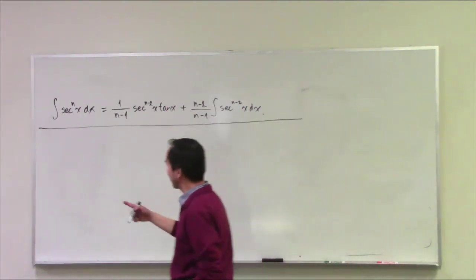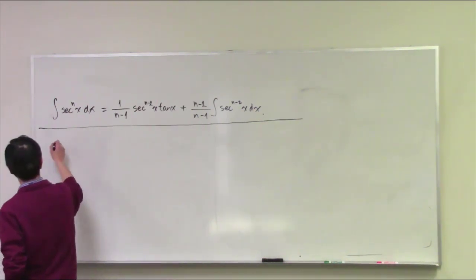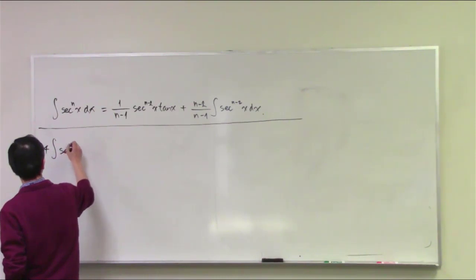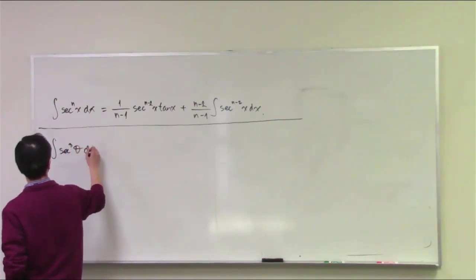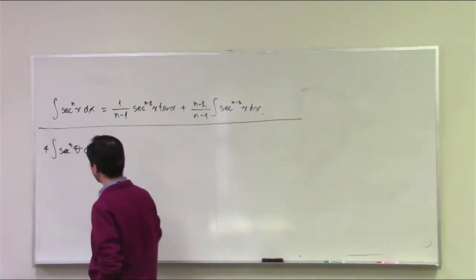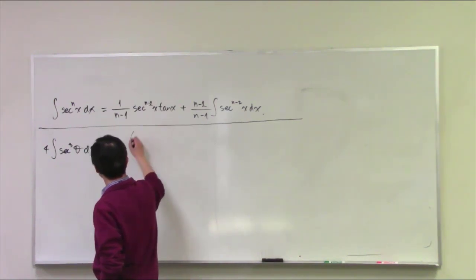So when we use this formula for secant cubed of θ, I'm going to keep the 4 here for now. Let's open parentheses.